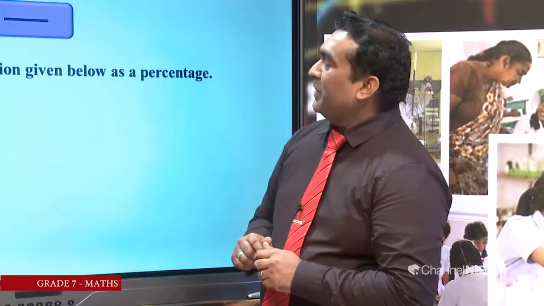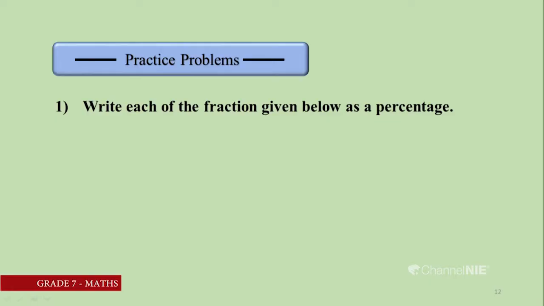Write each of the fractions given below as a percentage. Here 3 over 4. What to do? You want to convert 4 into 100. It is clear that 100 is a multiple of 4, or otherwise 4 is a factor of 100.